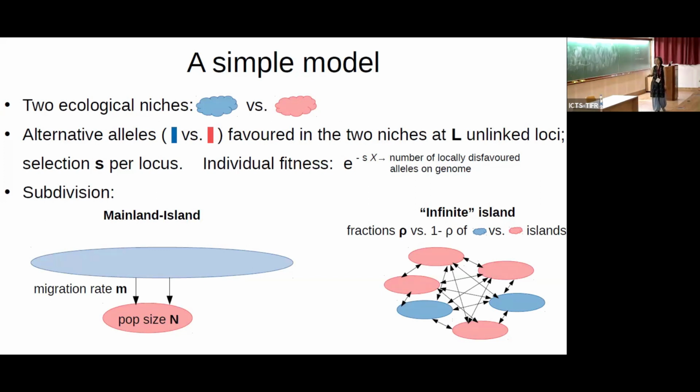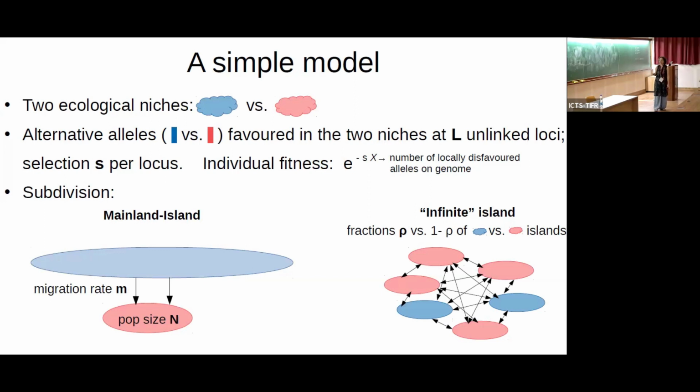The other toy model we can think of is the so-called infinite island model, which was introduced by Wright, where you imagine that there are different demes which are all connected to each other. Any individual from any deme can migrate to any other deme with equal probability.